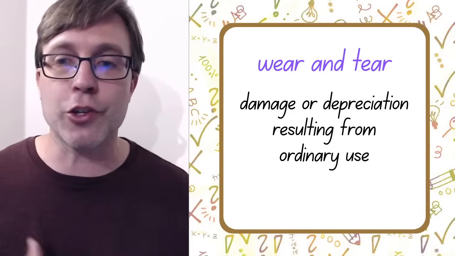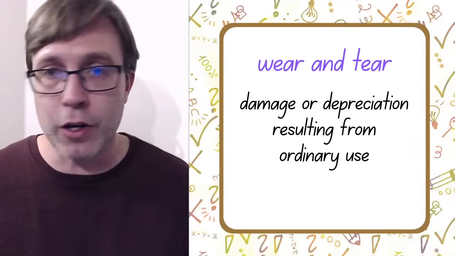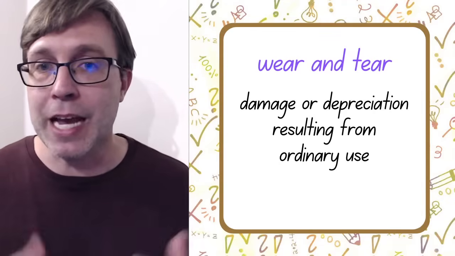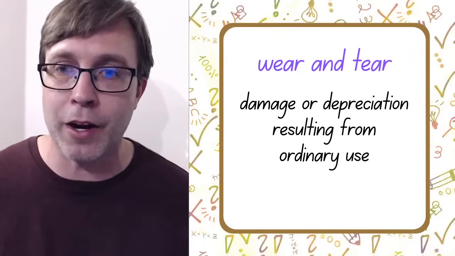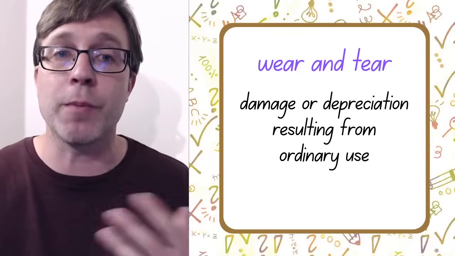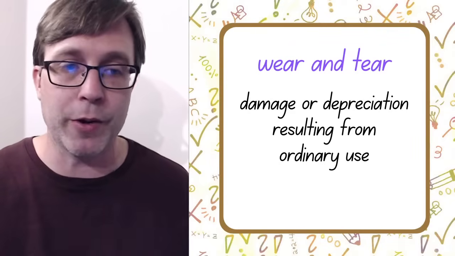You could say that's just normal wear and tear. Or if you're going to sell a car and somebody asks you, is there anything wrong with the car? You say, no, there's just normal wear and tear, just normal depreciation from use over time, normal wear and tear.